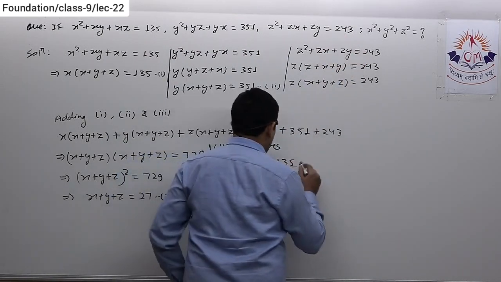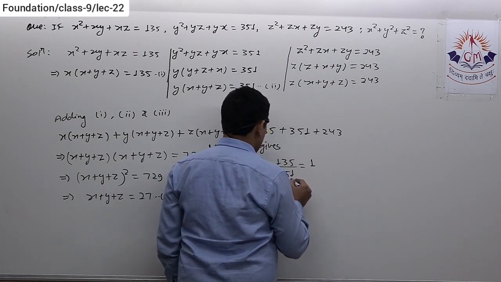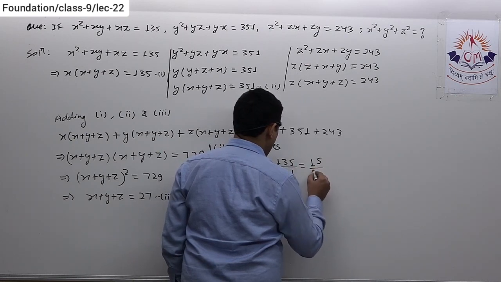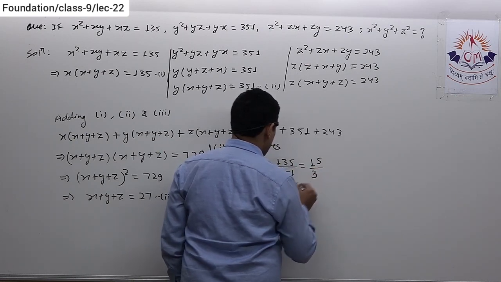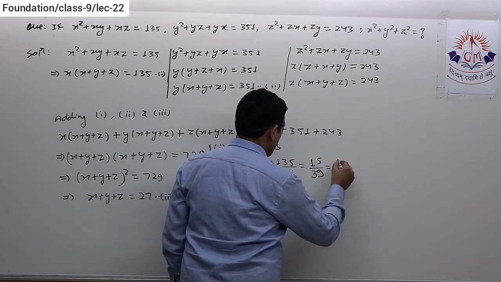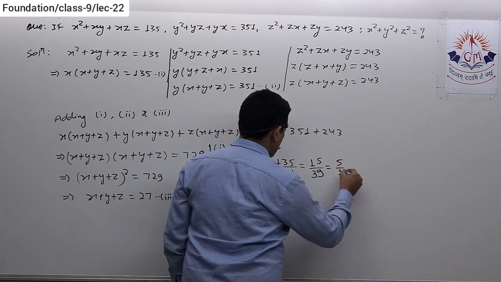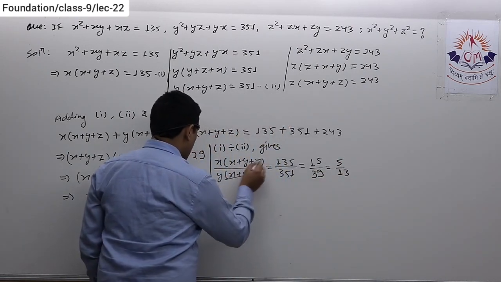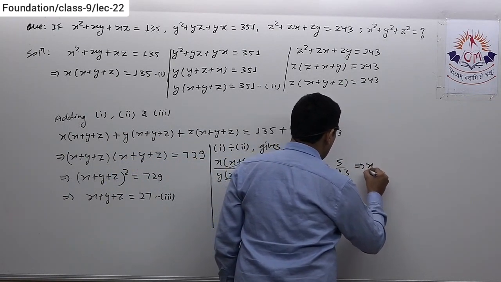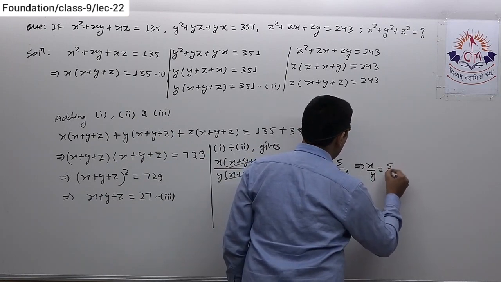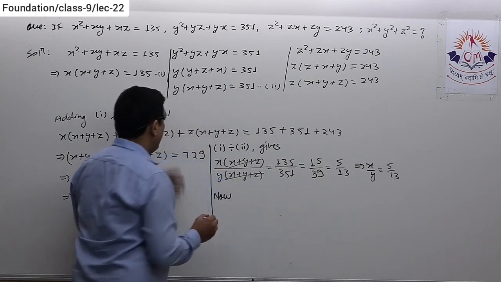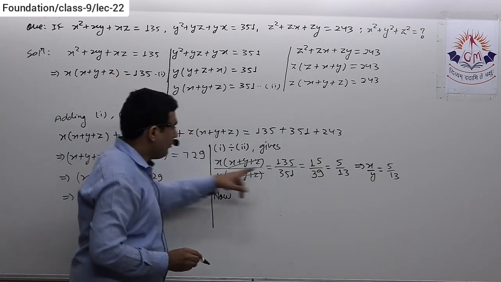So if I divide by 9, and x plus y plus z cancels out, this gives me x upon y is equal to 5 upon 13. As I divided 1 by 2, I got the ratio of x and y.